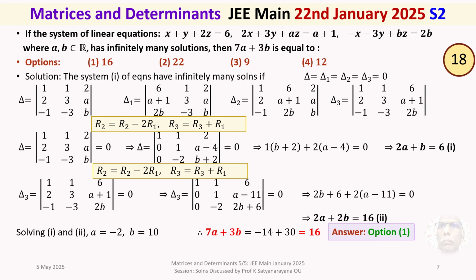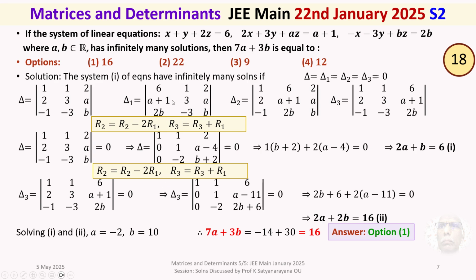Now one may question, sir, you have not tested delta 1. Is delta 1 0? Is delta 2 0? To test delta 1 is equal to 0 and delta 2 is equal to 0, take delta 1, substitute the value a is equal to minus 2, b is equal to 10 in this. Then a plus 1 will be minus 2 plus 1, that is minus 1, and a is minus 2, 2b is 20, b is 10.